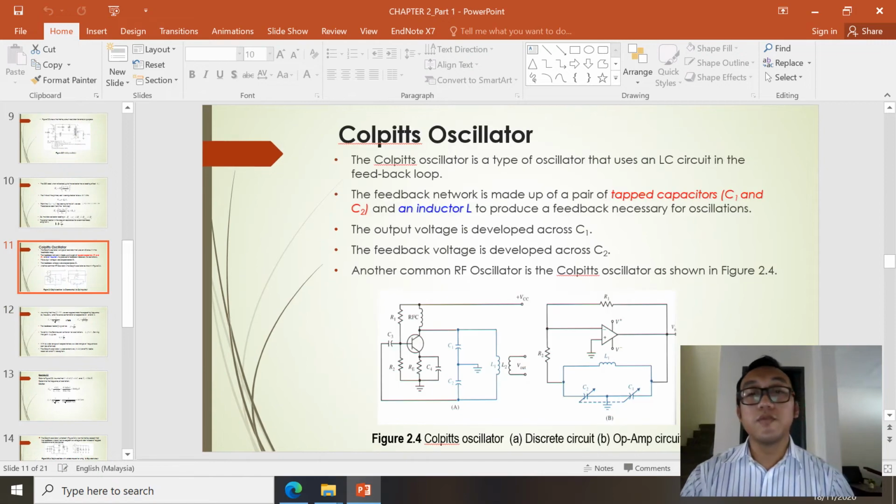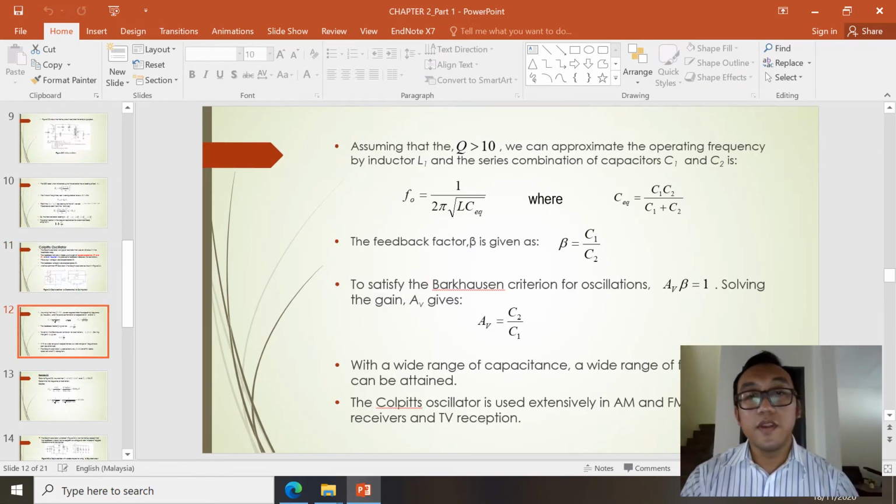From here we need to know the power. This is the power, and then we need to know the frequency. This is the frequency, the feedback, and also the average gain. Okay, when we see the feedback, how good is the oscillator is based on capacitor 1 and capacitor 2.